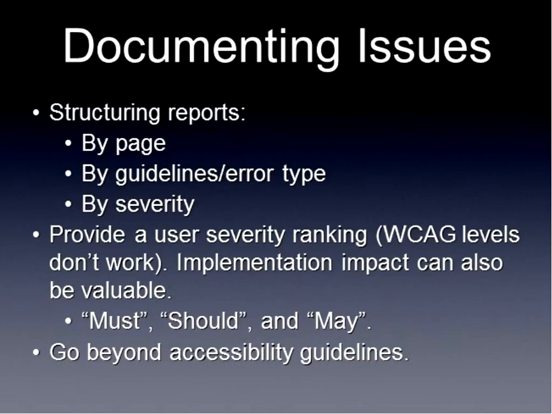And often in our documentation, we use the words must, should, or may to give an idea of how critical it is that a particular issue be addressed. So you must do this, you should do this, or you may do this, to give some measure of necessity for implementing a fix for accessibility. And make sure in your documentation that you go beyond accessibility issues.